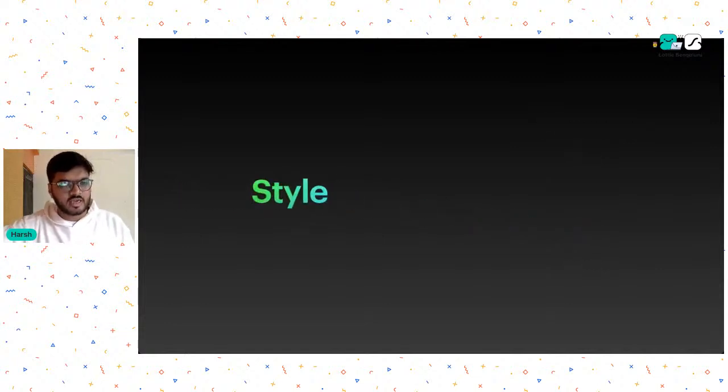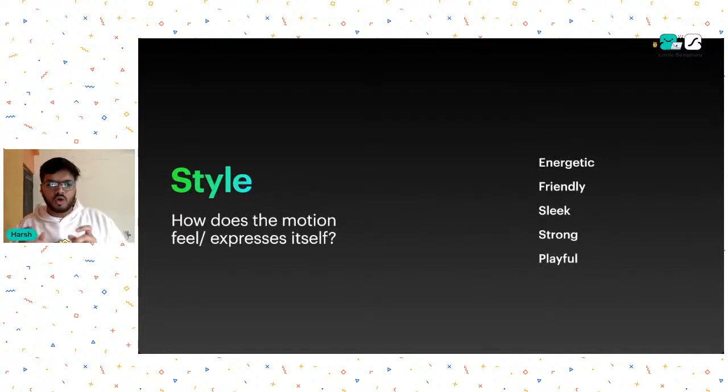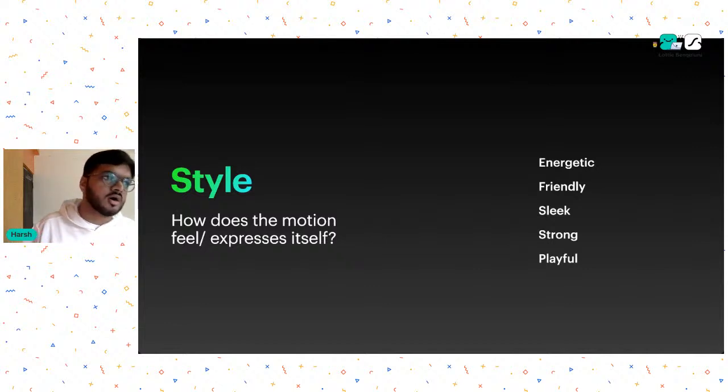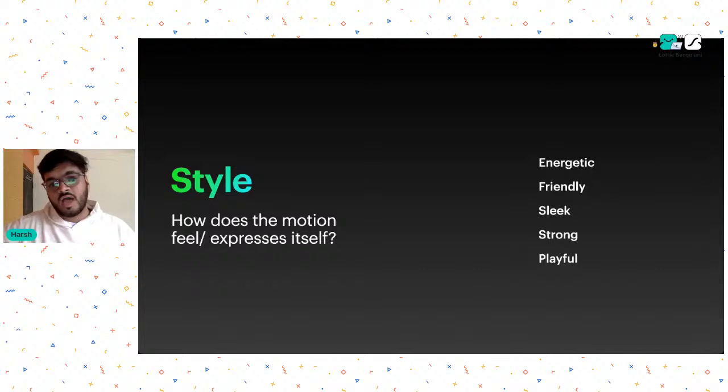Now let's look at the style, right? Now, what do we mean by style, right? Style is basically telling you that this app that you see on the screen, how does the motion feel or express itself? Whenever we try to make our app useful to the user, we want to have a connection with the user, right?